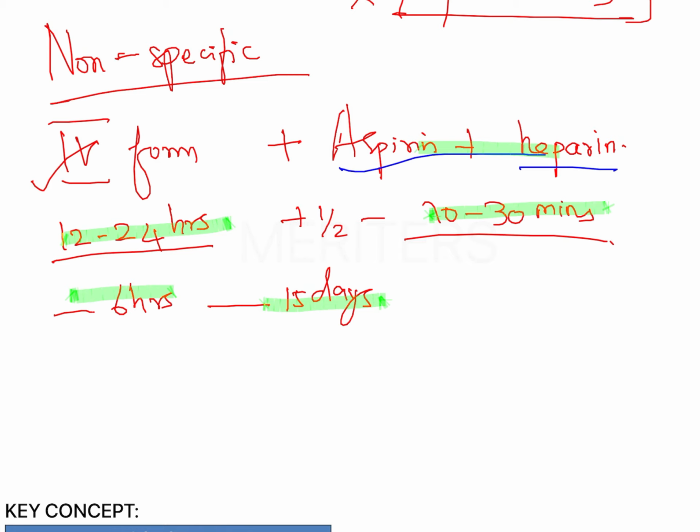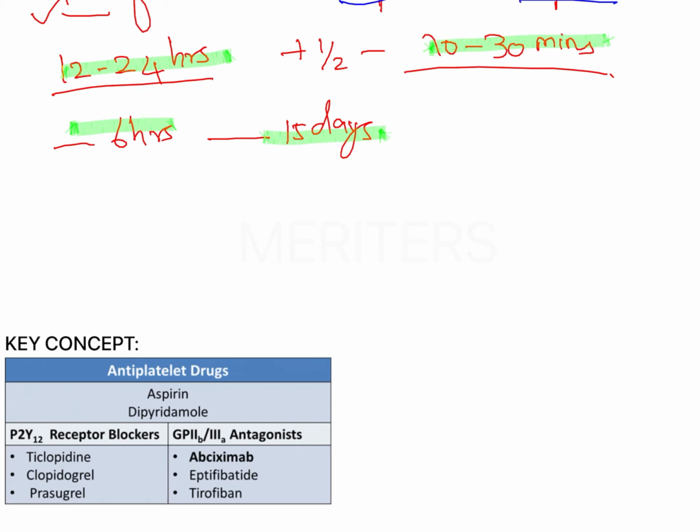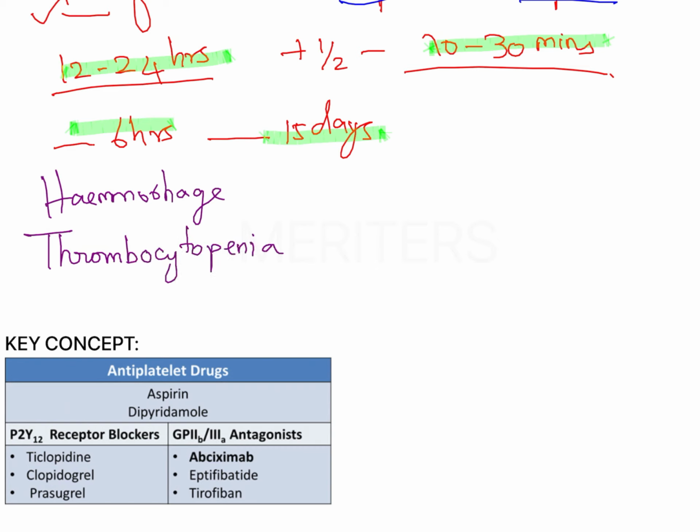Other things that you have to know about this drug: what are the adverse effects associated with it? You will have hemorrhage. Then you have thrombocytopenia, so it should not be repeated after the second time; you have to give it a gap.